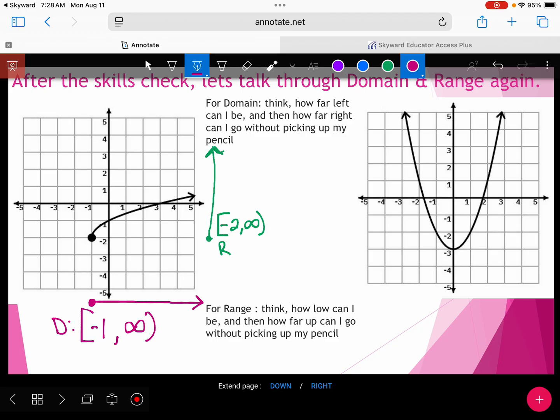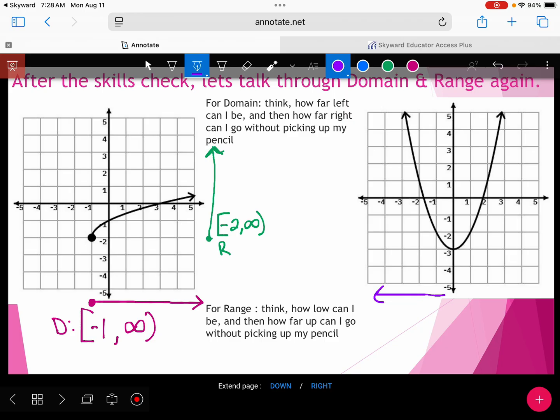So on this one on the right, just kind of talking through it again, domain is how far left can I go, and how far right can I go. So on our domain on this one, I have an arrow to the left over here. Yeah, it's going up pretty hard. But even if this continues up exactly as it is right here, it's still going over. It's going over slow, but it is going over. And it doesn't stop.